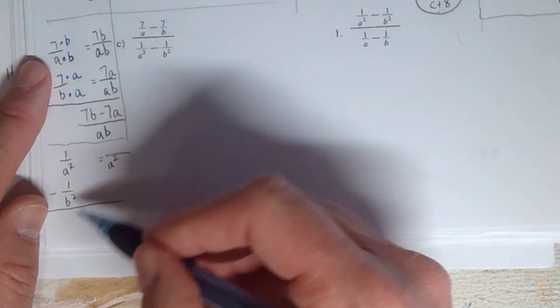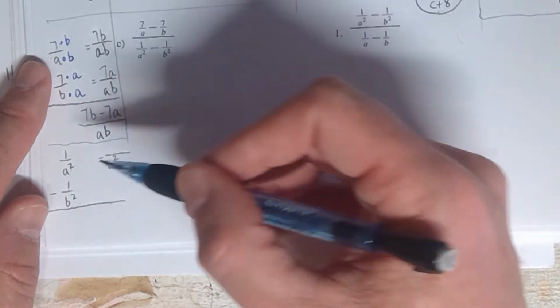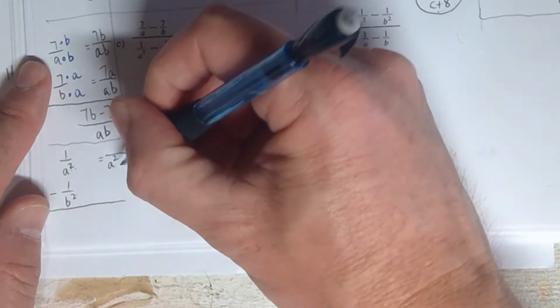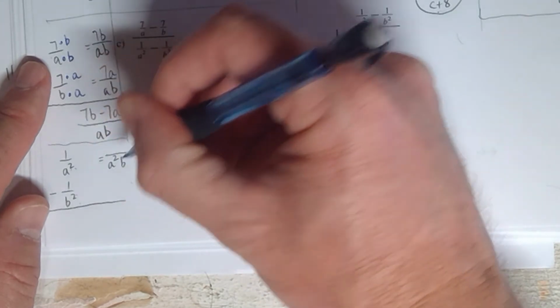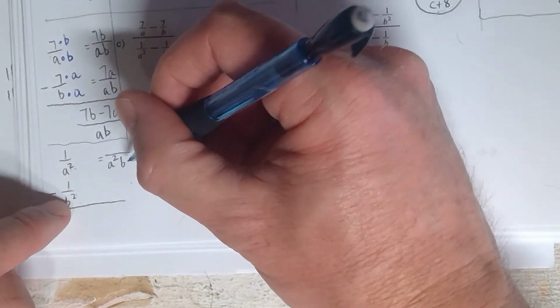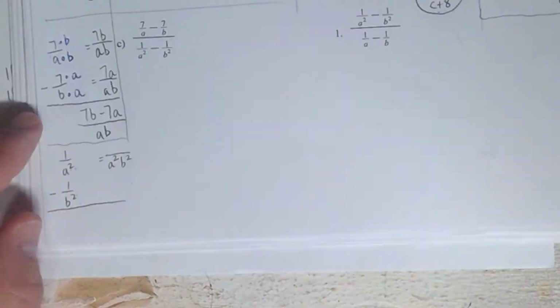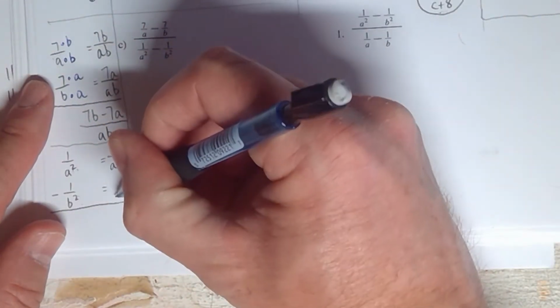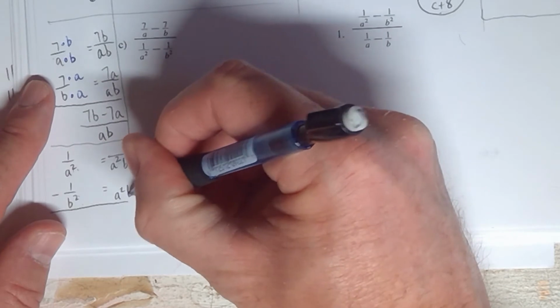For the variable b, you have no b at all, but then you have b squared. So the largest exponent between no b at all and b squared is going to be b squared. Again, you're taking the largest exponent of each different variable. And since the coefficients are equal to 1 on both of those denominators, you don't need to do the coefficient step. So a squared, b squared is your LCD.